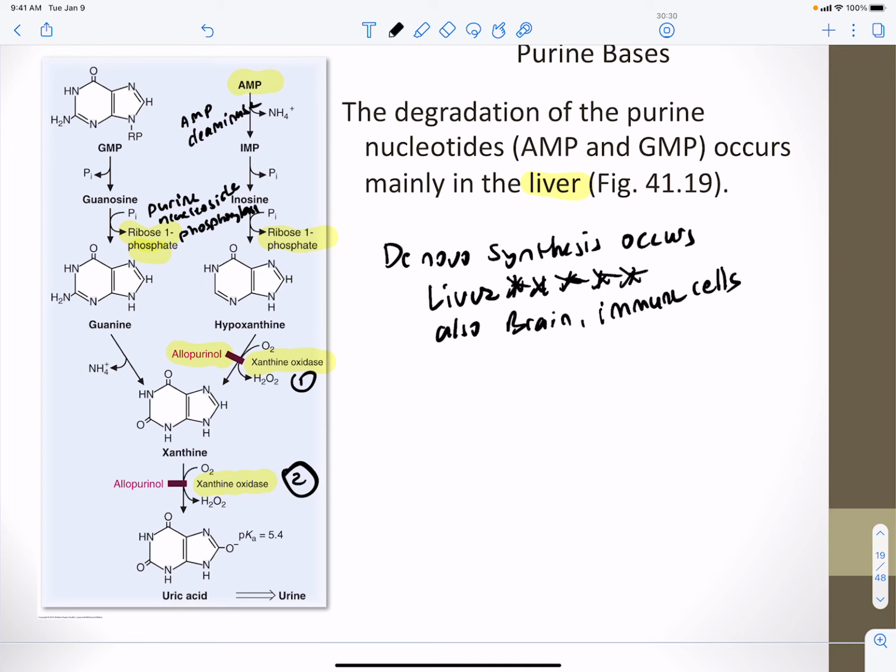Okay, and so within the liver, your nucleotides will be converted back to nucleosides or free bases, and then these are going to be transferred to other tissues via the red blood cells. So in the liver, you get your nucleotides, which will then become either nucleosides or can become free bases.